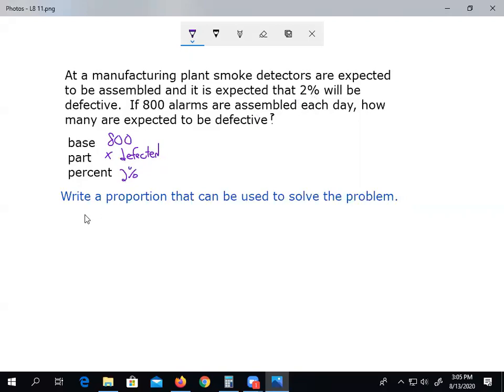So when I do this problem in proportion math, the way we do it is the percent is going to be the 2 out of 100. So what this means is 2 are defective out of 100 alarms. So that tells me that when I come over here, the part has to be on the top, which is going to be X. And the whole, the base, is going to be on the bottom.